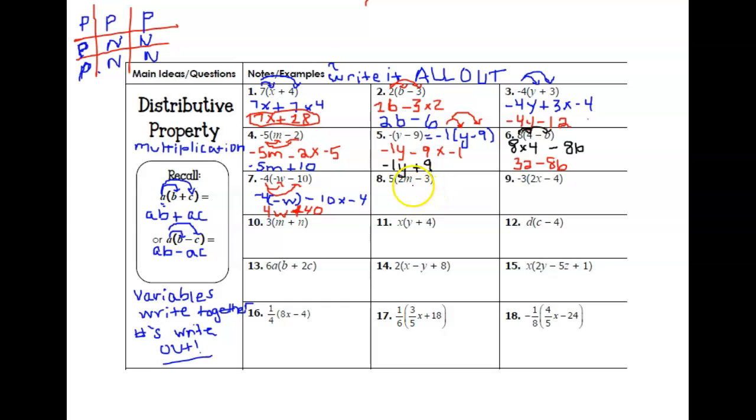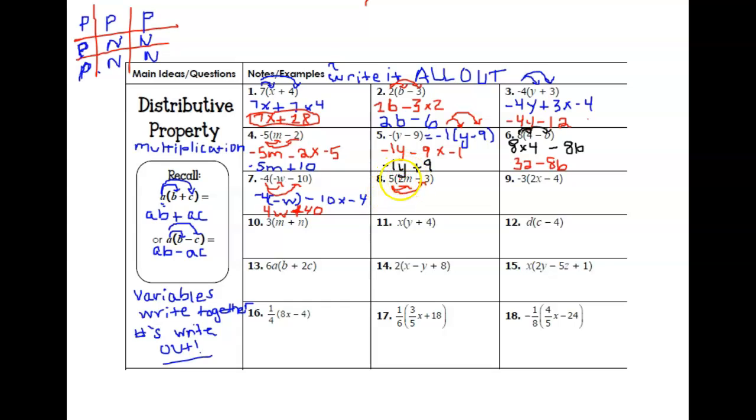Let's go to the next one. 5 times the quantity 2m minus 3. Again, that's distribution. We have to distribute. Now look at this. You're like, Miss Bennett, I see a variable and I see a number. So what do I do? Well, remember I said if numbers are involved, you're still going to write it out.